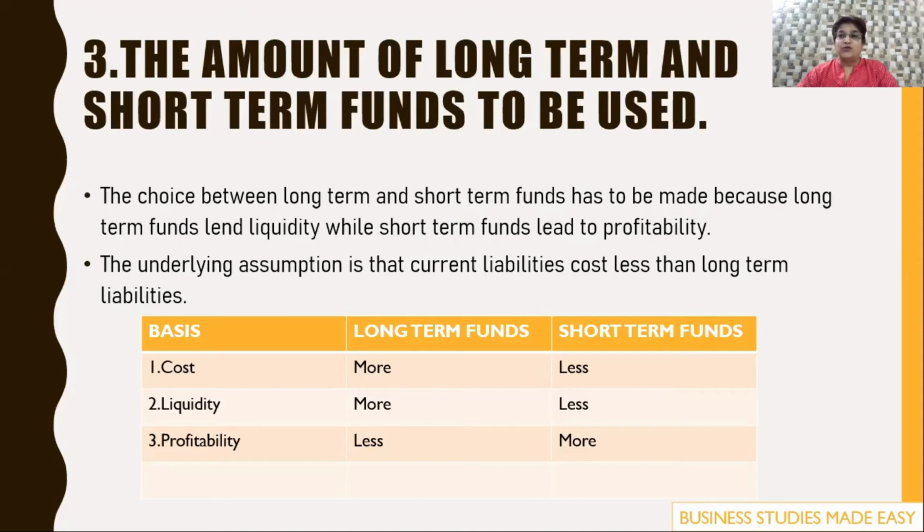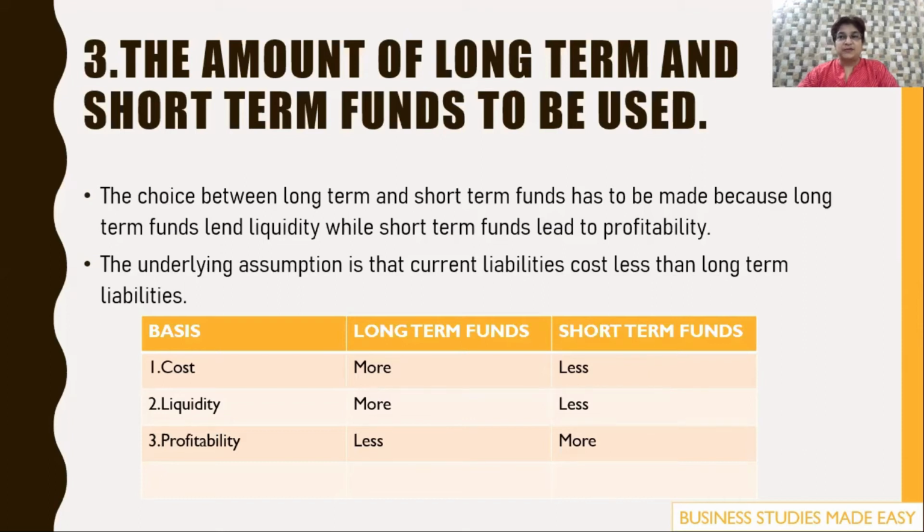So naturally, the amount of money with the firm would be less. Liquidity means the amount of cash available. So long-term loans provide more liquidity and short-term loans provide less liquidity. So the cash available with the finance manager to buy current asset or meet other expenses is much less in the case of short-term loans as compared to long-term loans.